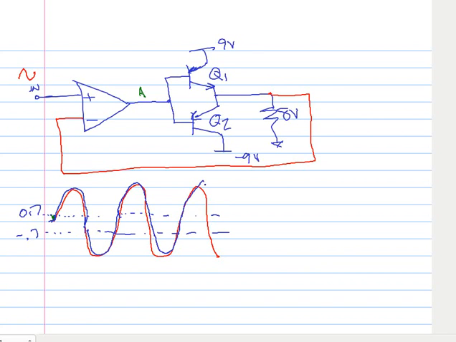The result would be that our output waveform, the blue waveform that I'm drawing here, is a lot closer to the original input waveform. You have to pretend again that I'm an artist, but you should be assuming that the blue waveform I'm drawing is identical to the red waveform that was put in at the input. So to recap, when the input signal is below 0.7 but positive going, the feedback loop is broken, causing the gain of the loop to be equal to the op-amp's voltage gain, which is very large.